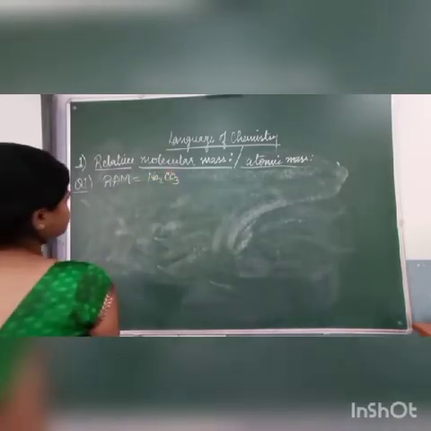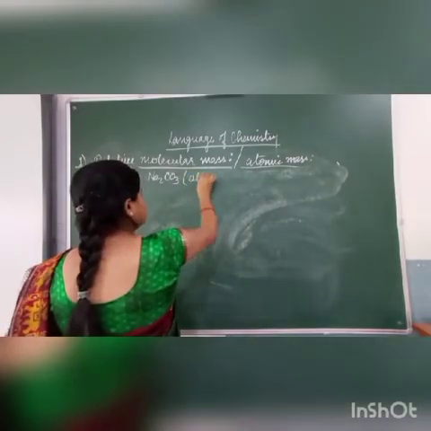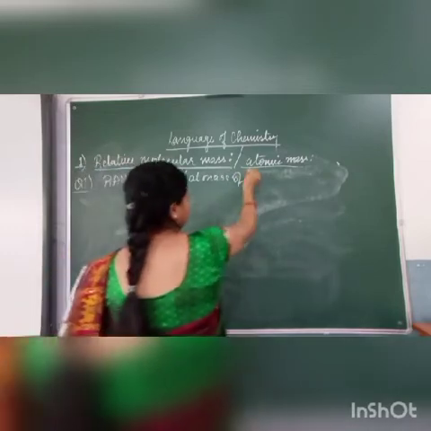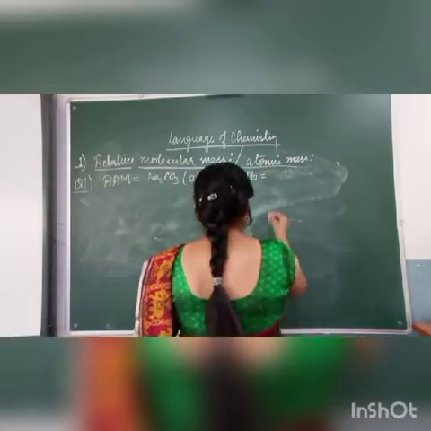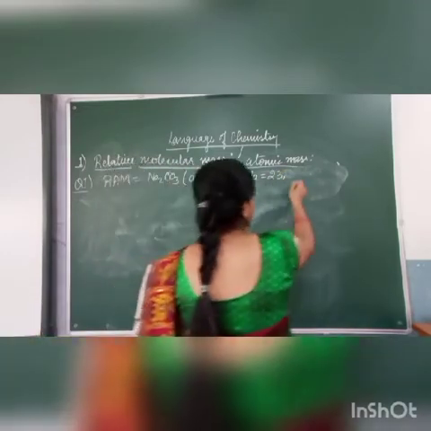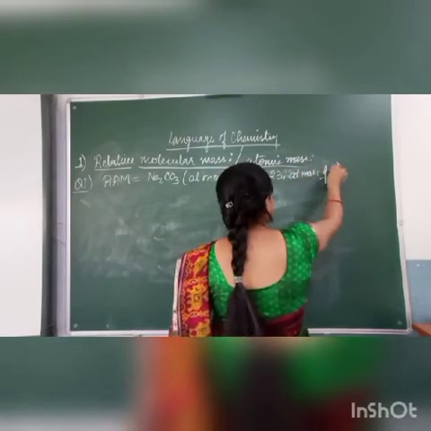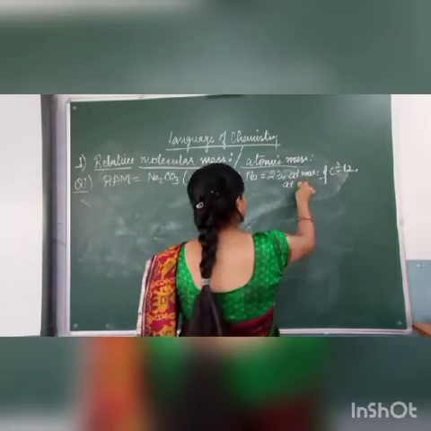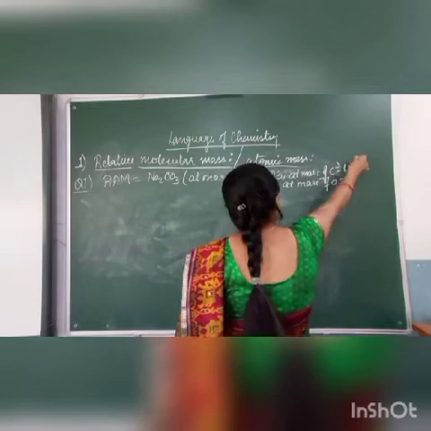Okay. Now in this case what will be? See, atomic mass of sodium will be 23. Okay. Then atomic mass of carbon will be 12. And atomic mass of oxygen will be 16.